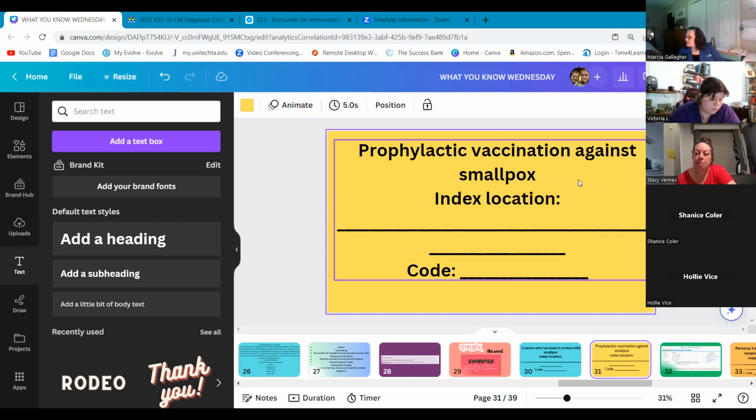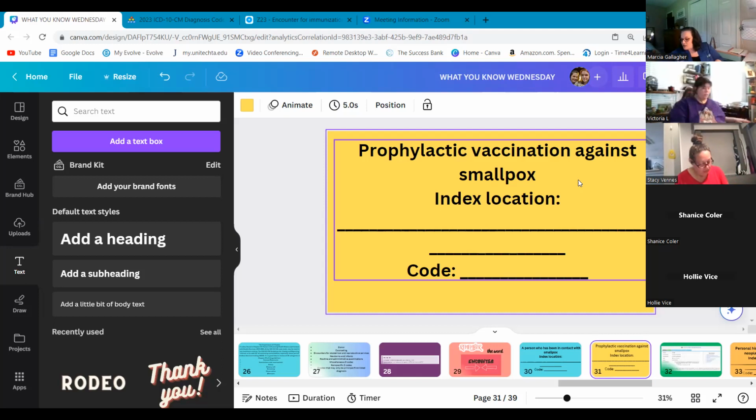So let's look at Z23, which says encounter for immunization. It does not say smallpox, but it does say procedure codes are required to identify the types of immunizations given.